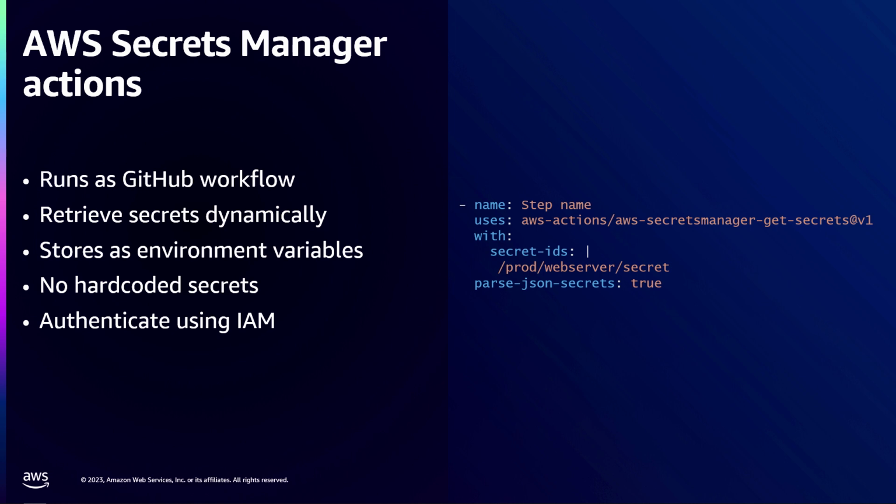And here you can actually run that as a GitHub workflow that retrieves the secret dynamically. It stores it into an environment variable and allows you to have this credential available dynamically, based on authentication you do through IAM. Now, this is just a quick example of how you can do that. I have a quick demo that we're going to show you of how this is going to work in action.